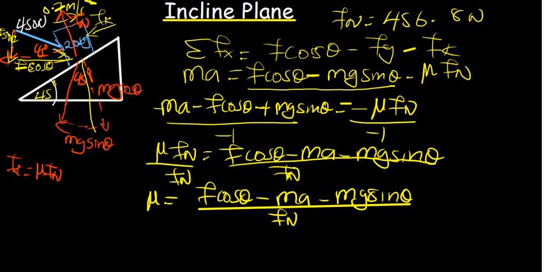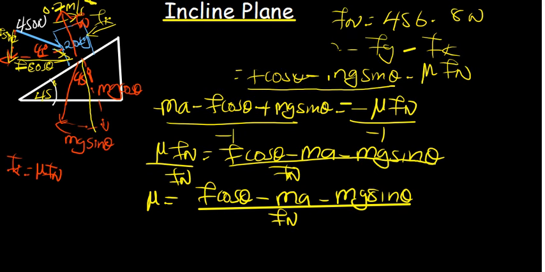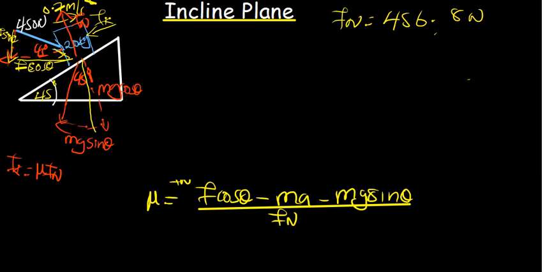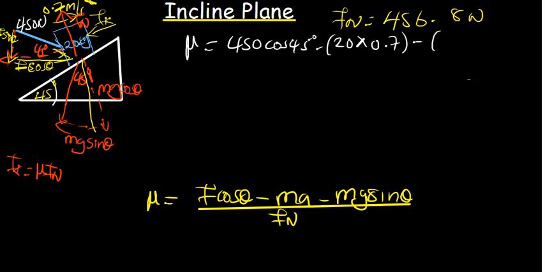Now let's plug in the values. If we have to plug in the values, we can see that F is 450 cos 45 degrees minus our M, which is 20, times our a, which is 0.7, minus our M, 20, times 9.8 sin 45.